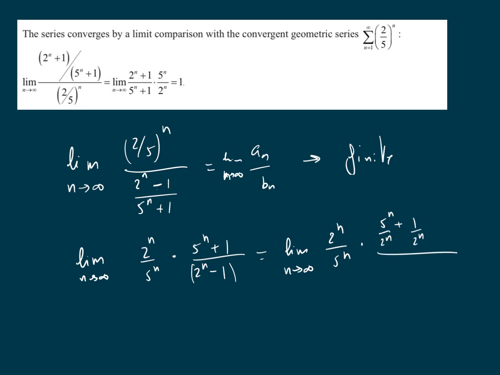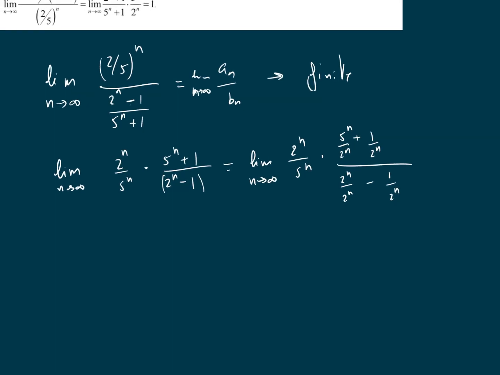So I divide the numerator by 2^n and I divide the denominator by 2^n, and I have not done anything. Dividing the numerator and the denominator by the same thing will not change it. So this will go to 1.